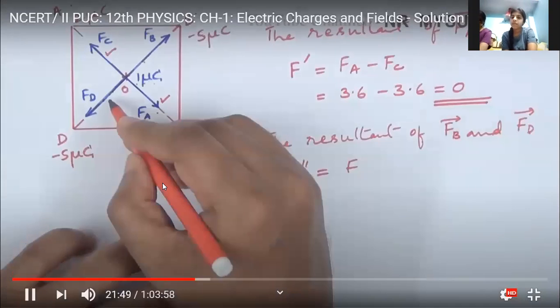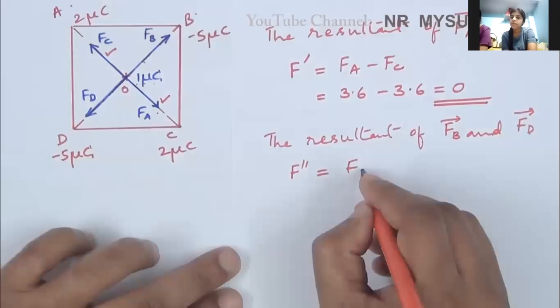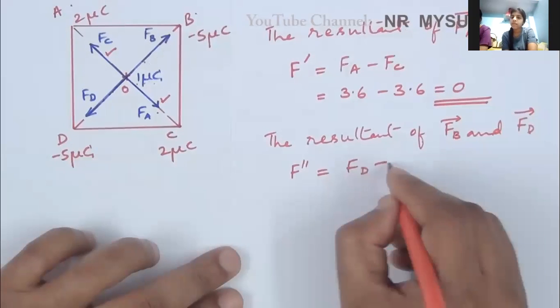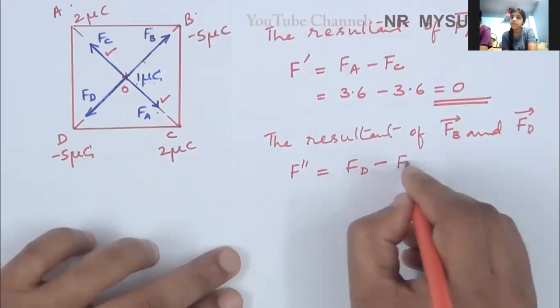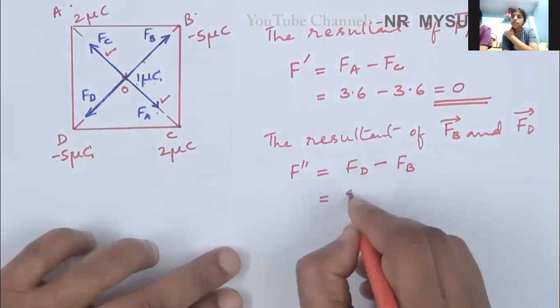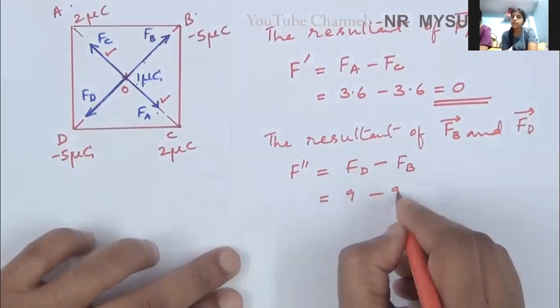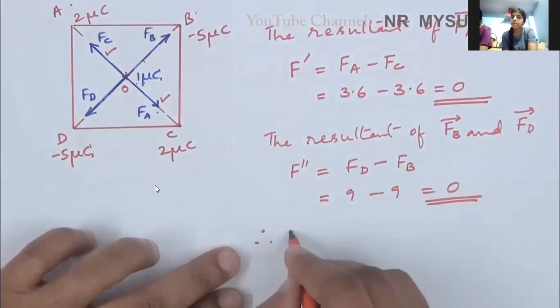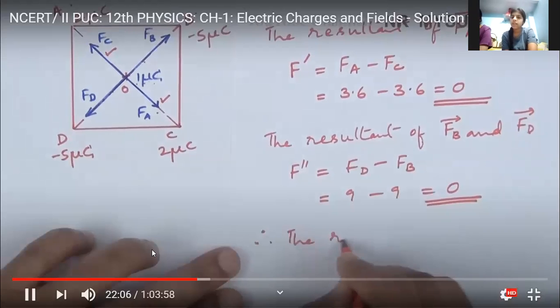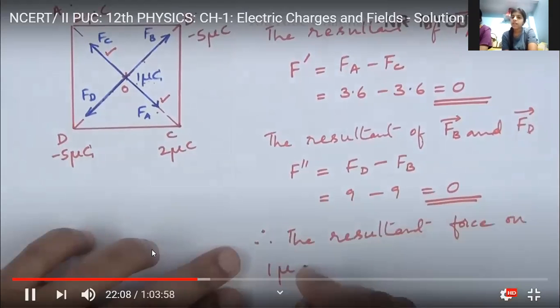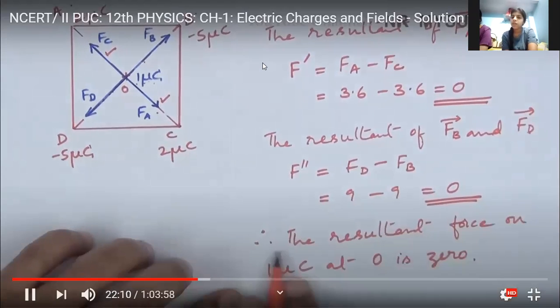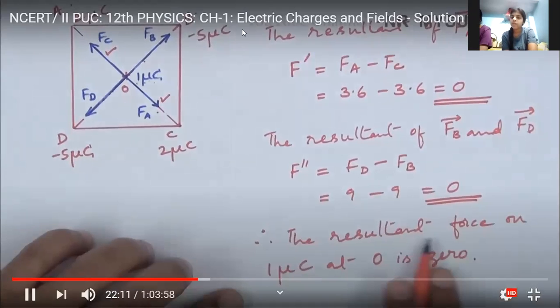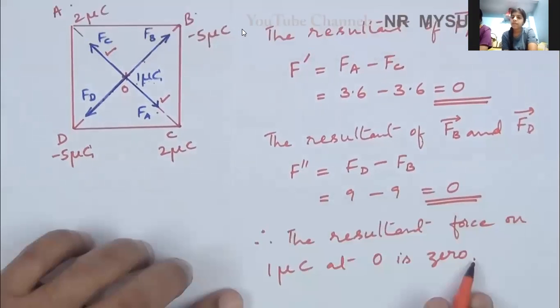Since these two are in opposite directions, it is the difference of the forces. This resultant is also 0. Therefore, the resultant force on 1 microcoulomb at O is 0.